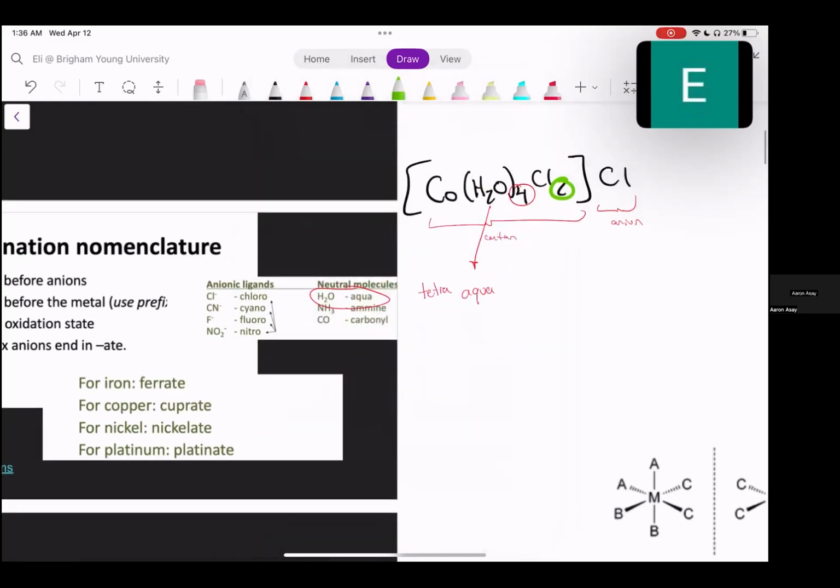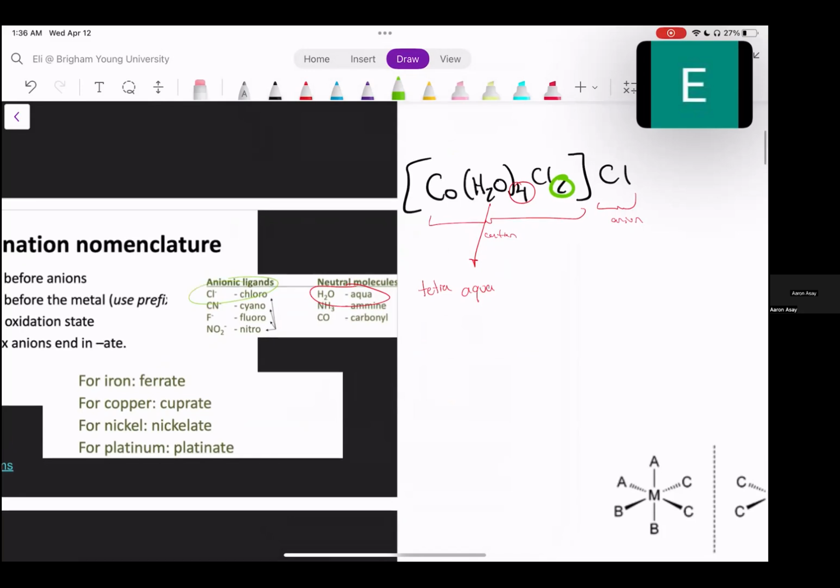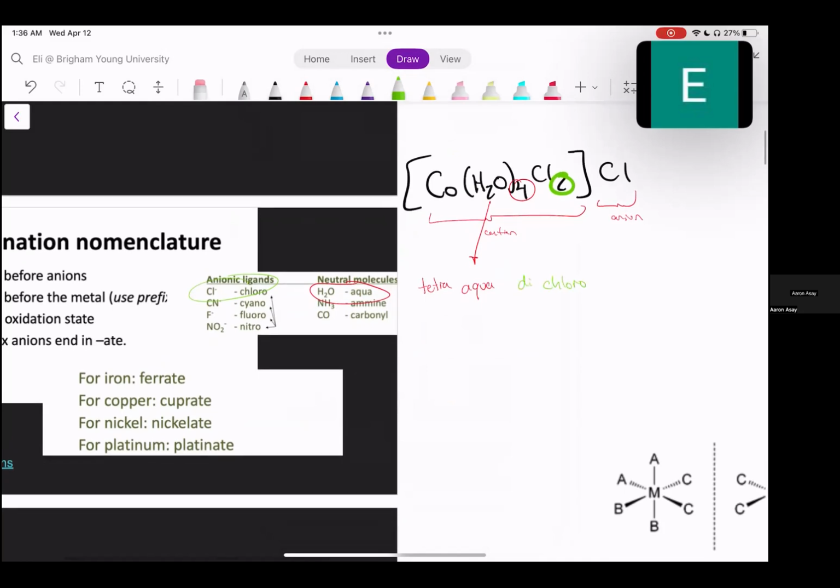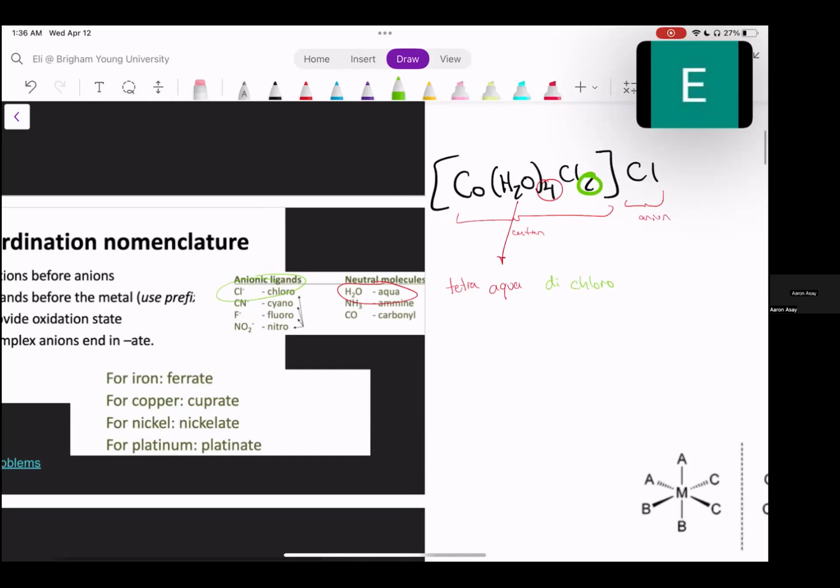We have 2 chlorine ligands, not to be confused with the chloride anion. So we look over here and we see it's chloro, and 2 is going to be di. Then we're going to finish it off with our cobalt, right? So we know that this is going to be last. I'll do that in a different color for you guys. Cobalt.